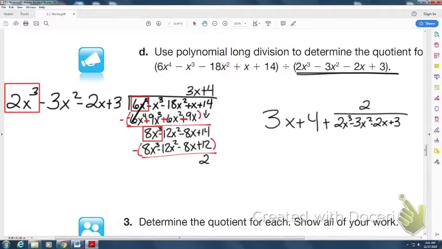Alright, so looking at this, I was going to point this out on the last problem, but forgot. Whenever you're writing this, again, you need to be very organized. All of the degrees should line up in columns. All of those had a degree of 4. All of those have a degree of 3, 2, 1, 0, including my answer.